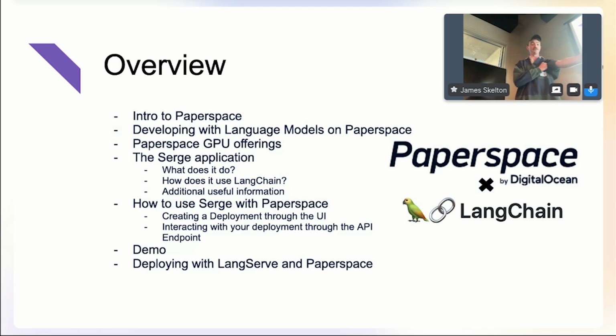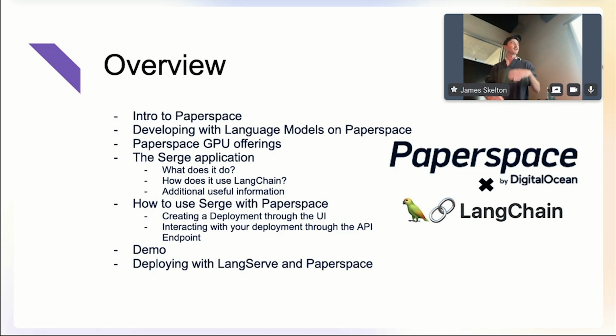Got a nice little session prepared for y'all here. I'm going to start by introducing Paperspace, just give everybody a quick taste of what it is before we dive into it. Then talk about developing with language models on Paperspace. Talk about our GPU offerings. Then I'm going to talk about the Surge application, which is what I'm going to be showing today.